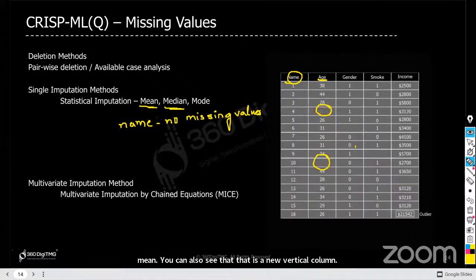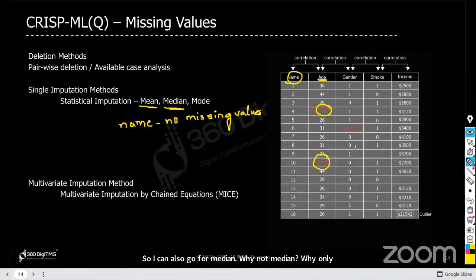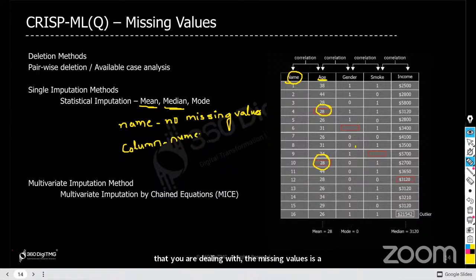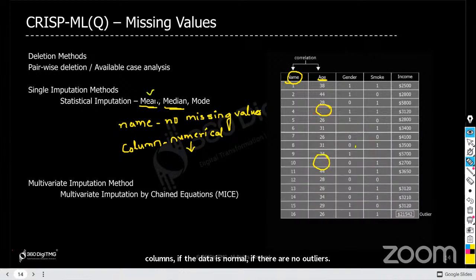Why not median? Why only mean? There is one more case: if the column you are dealing with is a numerical column, and within that numerical column the data is normal, if there are no outliers, then you can simply go for mean. Because mean will get influenced by the outliers, which we have seen by example in the previous session.